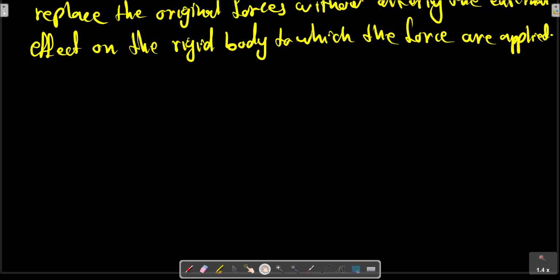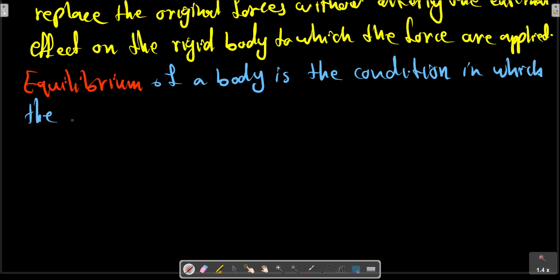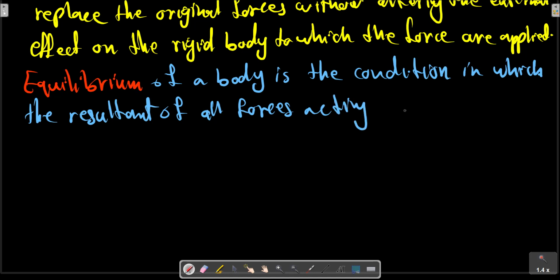So we have a definition for equilibrium.